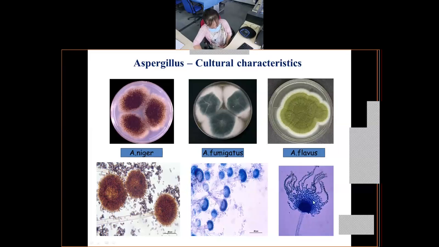Again, when you do an LPCB mount, you can see the chains of conidia, which is very characteristic. So looking at the colonies itself will give you an idea of what the species can be. And to confirm that, you can go for the LPCB mount and look for the morphology of the conidia, how they are arranged on the hyphae.